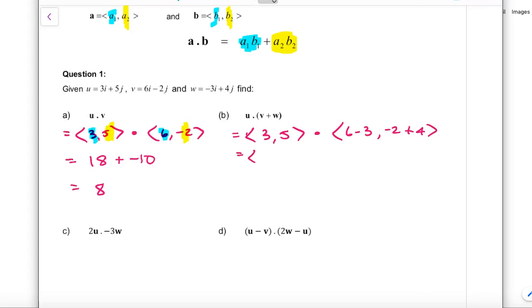So we're going to multiply vector u by the result here, which is (3, 2). Again, we multiply the i components to get 9, add on multiplying the j components, which gives 10, and we get a scalar result of 19.